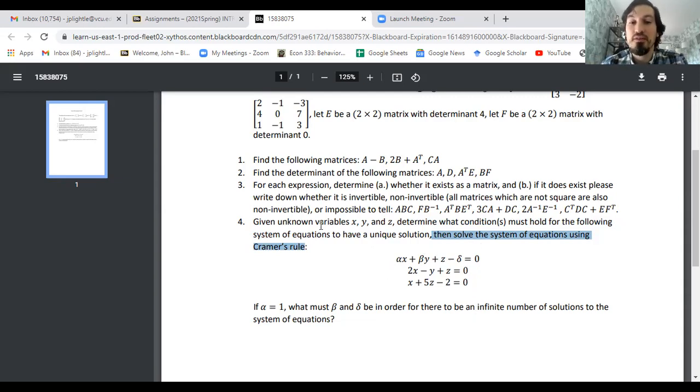So for the first expression, x, you would replace the first column with the vector d. Well, what is the d vector in this case? Think about it. You need to move things to the right side. So it would be delta. Delta would be the first one. Then 0, because there's no constant over here. Then 2. So delta, 0, 2 will be the vector that you replace it with.